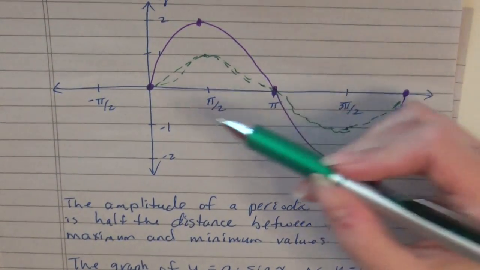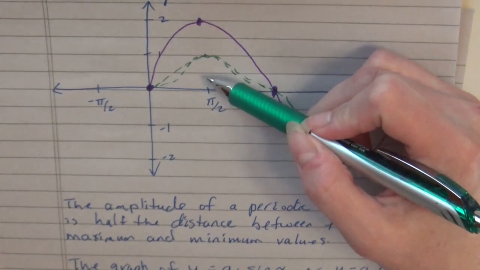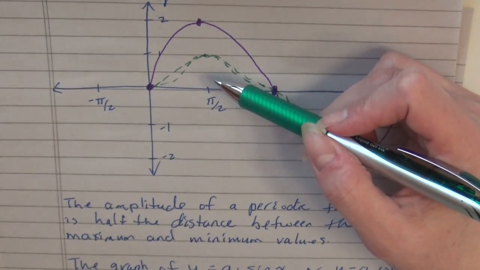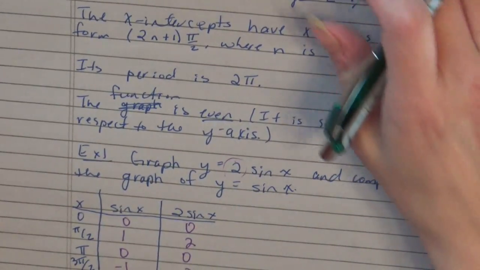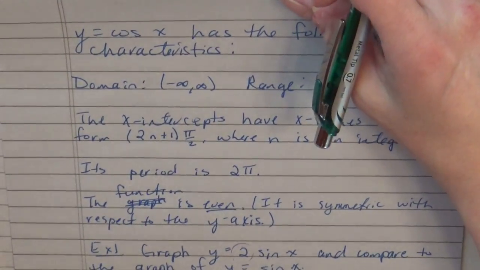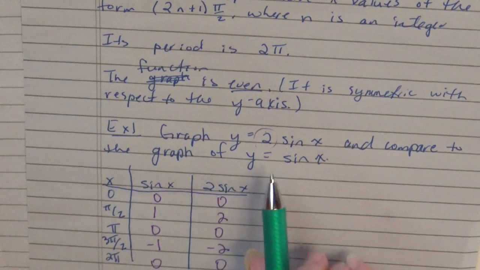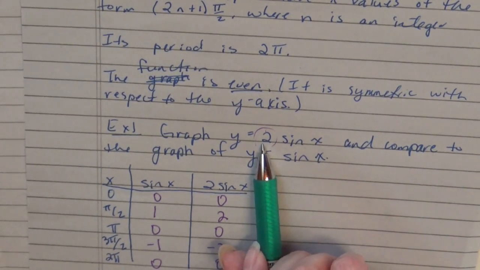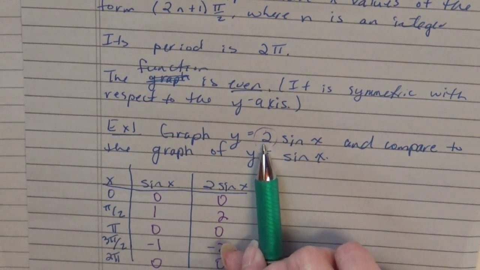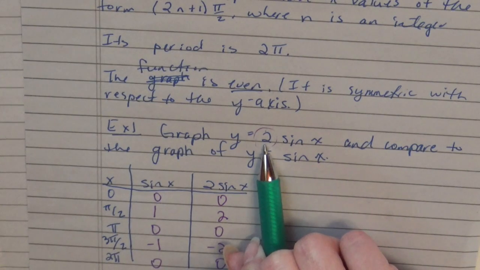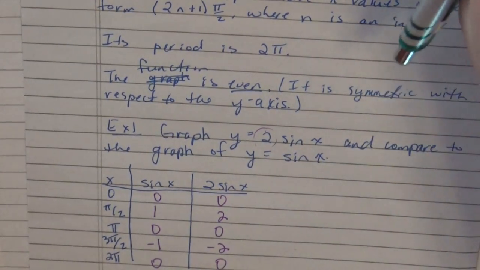That amplitude will always come from this same coefficient that we multiplied the function by. So in 171 you might have said that you had a vertical stretch by a factor of 2, and in the sine and cosine functions, it's also going to give us the amplitude, the distance from the x-axis to the peak or to the valley.